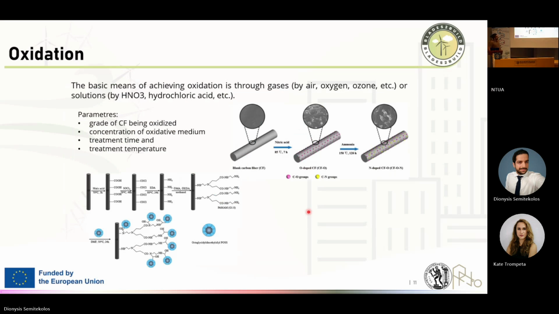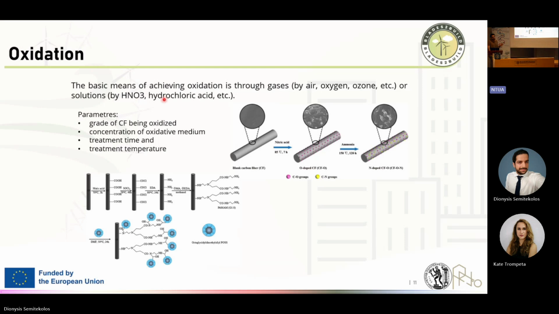Oxidation, I don't have to explain a lot of things to understand how this works. Either we have an oxidative medium, either in a solution format or in a gas format. And by adjusting the concentration of the medium, the time and the temperature, we can modify the fiber surface by putting oxygen groups on the fiber surface.